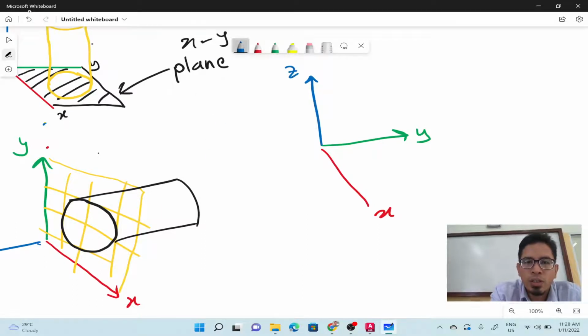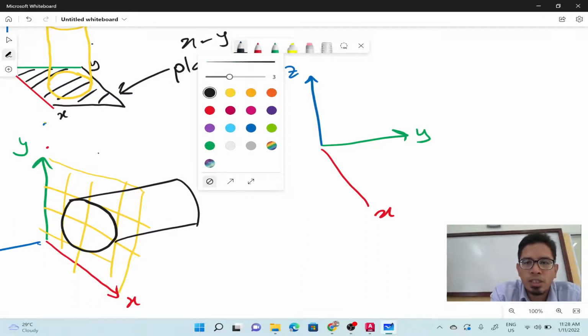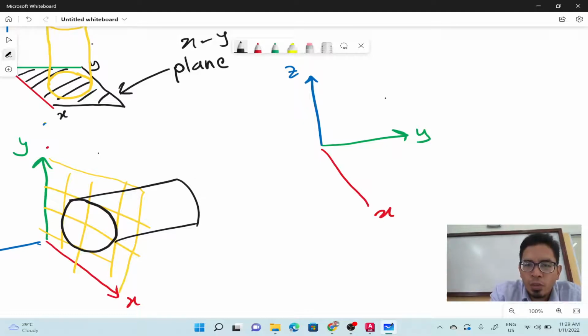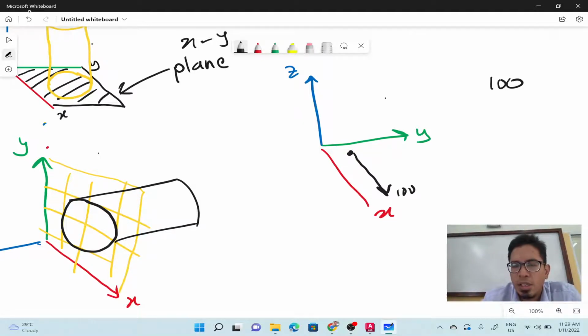Whenever you want to draw, let's say a box, and the question asks for the distance along the X direction, let's say 100. If you start at this point, your starting point of the drawing, that 100 will go over here for the X direction. If for the Y direction you say 100, it will go over here along the Y direction.